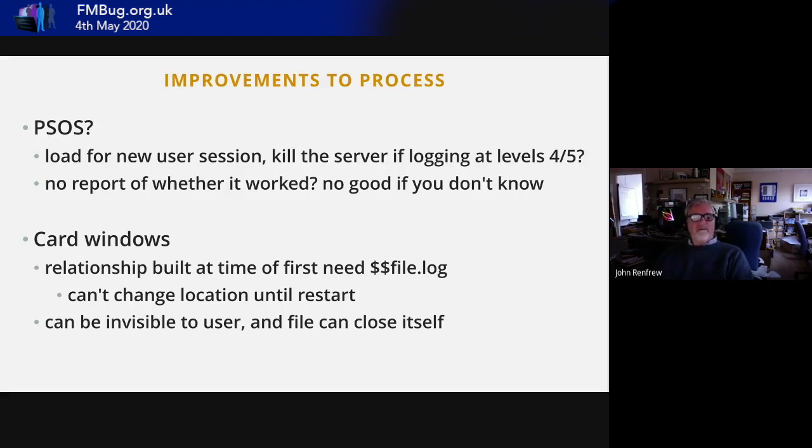To reset it, you have to close FileMaker down and restart. But what it does give you is the opportunity to test all of this in a dev environment by having a link to that. And then the minute you've finished, change the path. And as soon as the client gets in and starts using it, they're logging it in a real system. And for me, the great thing about card windows is they can be invisible to the user, with the idea that a file can close itself.